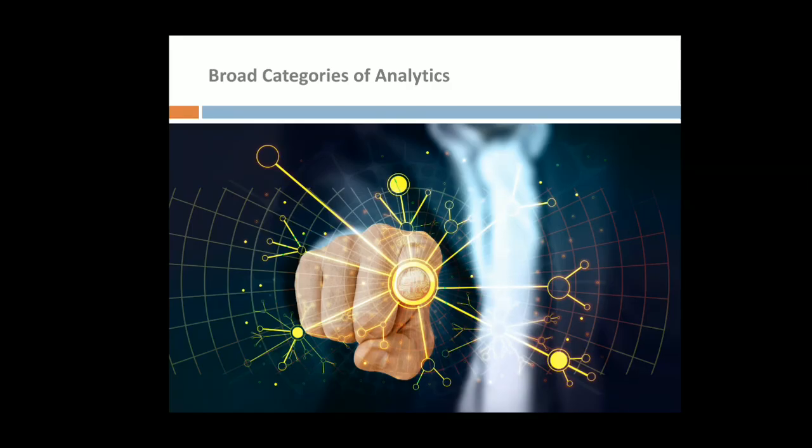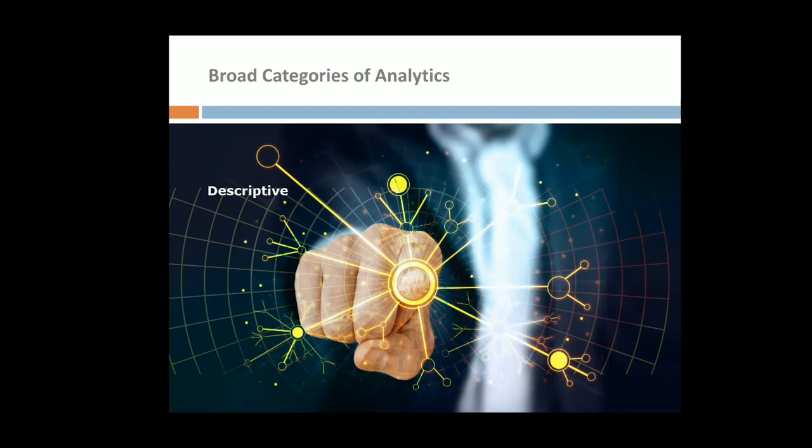So in the previous slide, what we saw is the four W's, which are very important in analytics. Let's now look at the broad categories of analytics. The first one is descriptive analytics, where you have a situation and you are trying to describe the situation through a lot of different metrics.